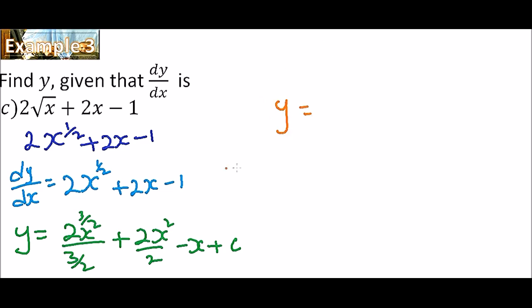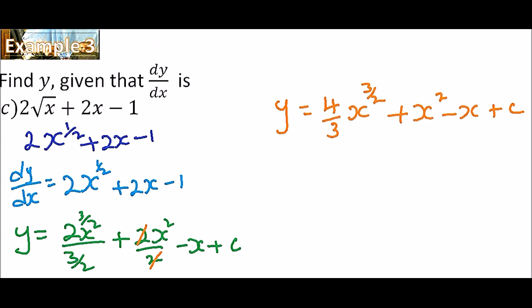y is equal to 2 divided by 3 over 2, which will be 4 over 3 x raised to power 3 over 2, and then we have plus, this 2 cancels with that, so we have 1, so we'll be left with x squared. Then we have minus x plus c.